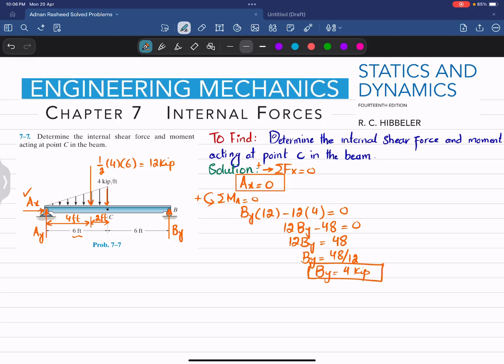You have this vertical reaction force, so now we'll find the last one by using the equation of equilibrium that the sum of all forces along the vertical direction must be equal to 0, with upward force taken as positive. So AY, which is unknown, is upward, minus this 12 kip load, which is downward, plus this 4, which is upward, is equal to 0.